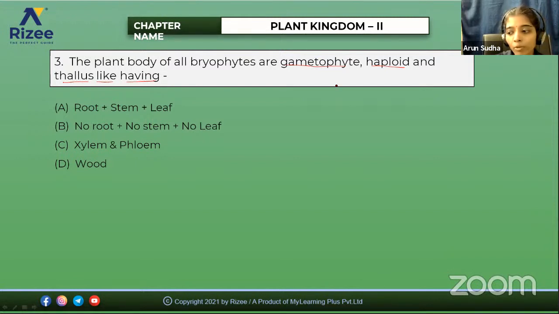So I think you are able to follow, right? B, because the bryophytes don't have proper root, proper stem or proper leaf. They only have root-like, stem-like and leaf-like structures. So option B is correct. That is, the plant body of all bryophytes is gametophyte, haploid and thallus like, having no root, no stem and no leaf. So we'll go to the next question.